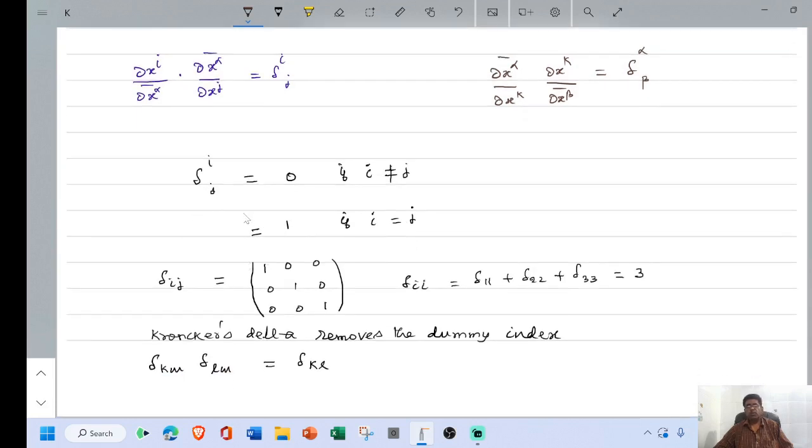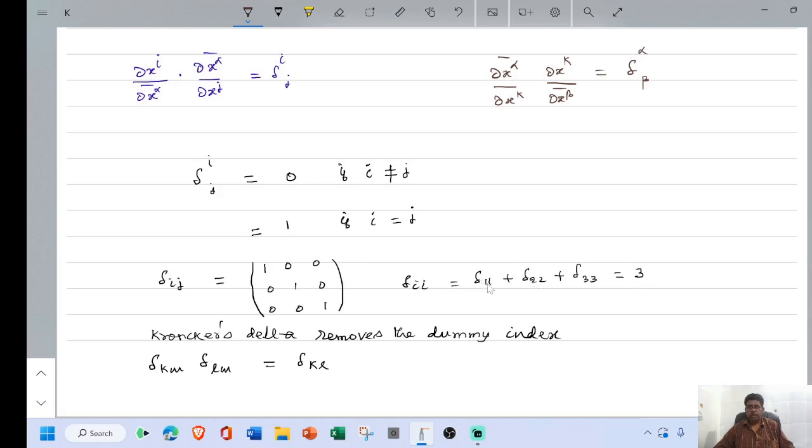We may express the Kronecker delta in terms of a matrix. Delta ij equal to 1, 0, 0, 0, 1, 0, 0, 0, 1. If you write the delta in terms of ii, that means i equal to j, then delta 11 plus delta 22 plus delta 33 equal to 3.